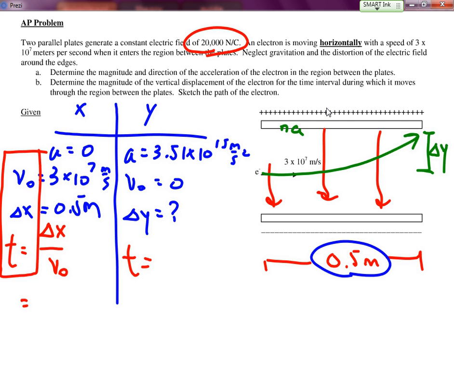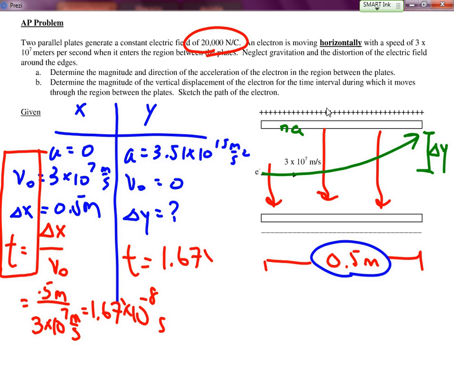In this case, you get 0.5 meters divided by 3 times 10 to the 7th, which equals 1.67 times 10 to negative 8 seconds. So this time in here is also 1.67 times 10 to the negative 8 seconds.